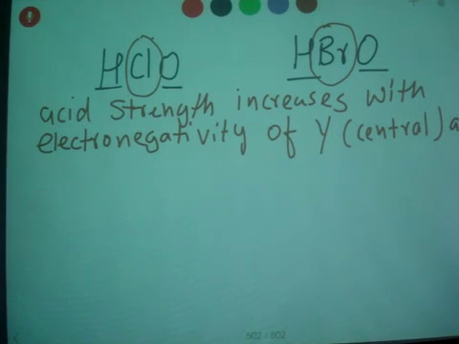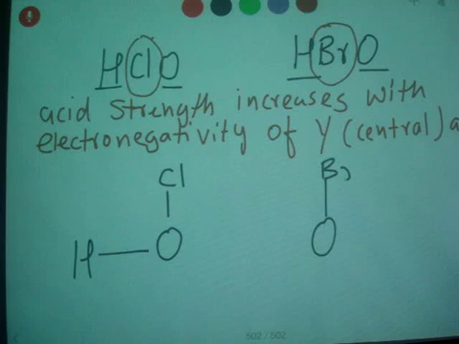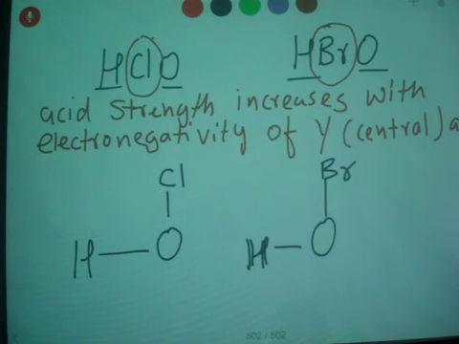So let's say I'm trying to draw this: oxygen, chlorine and hydrogen, and oxygen, bromine and hydrogen, with delta plus and delta negative.